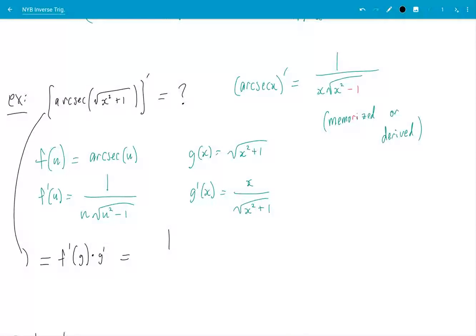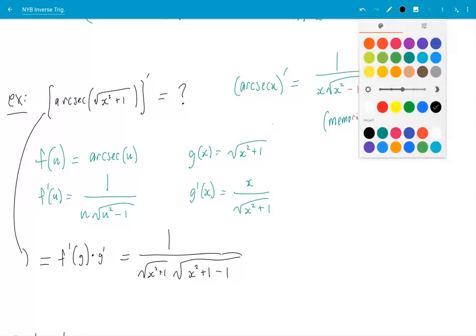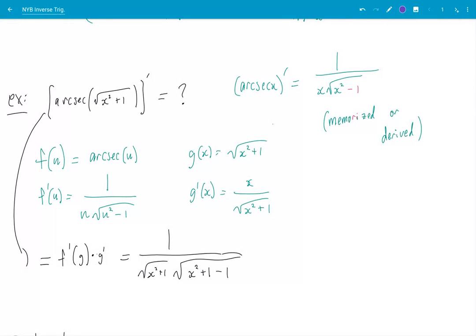So I'm taking f prime, and everywhere I see a u, I'm going to plug in this instead. So there's my f prime. Let's use a different color here. Purple, why not? Purple dot corresponds to a purple dot right there. And g prime is x over root x squared plus 1.